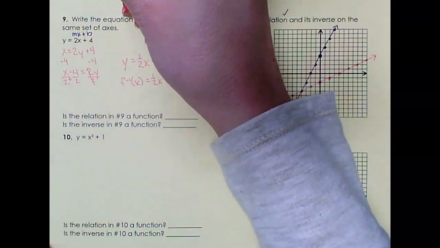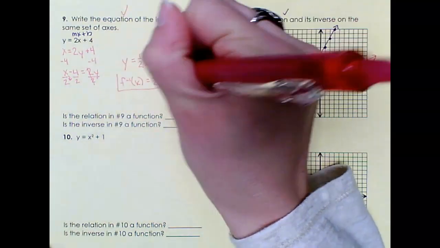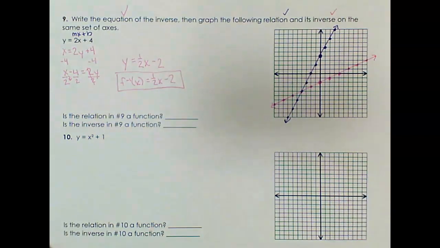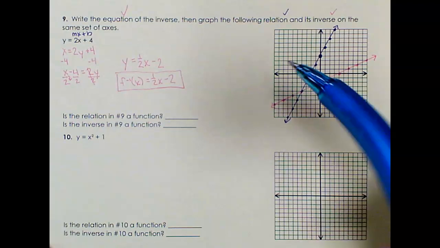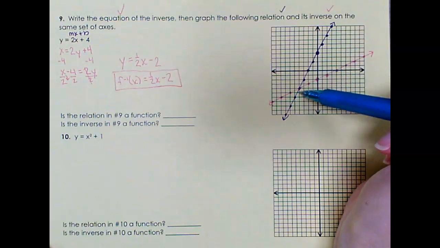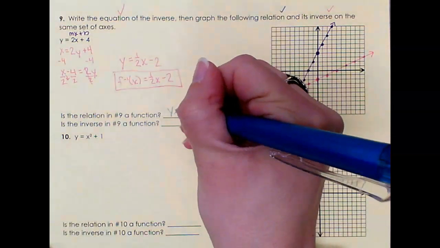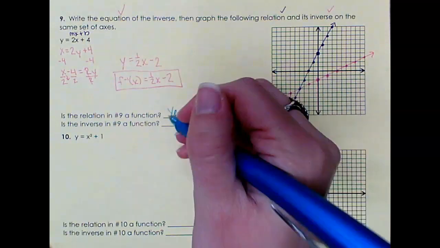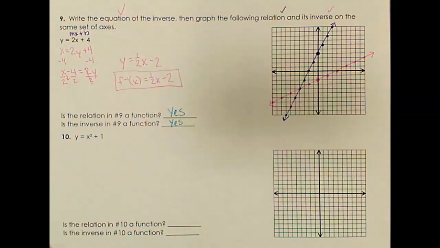So we wrote the equation, here it is. We graphed the original relation and we graphed its inverse. So is the relation on number 9 a function? Absolutely, it's a linear function. Is its inverse a function? Absolutely, it's also a linear function.